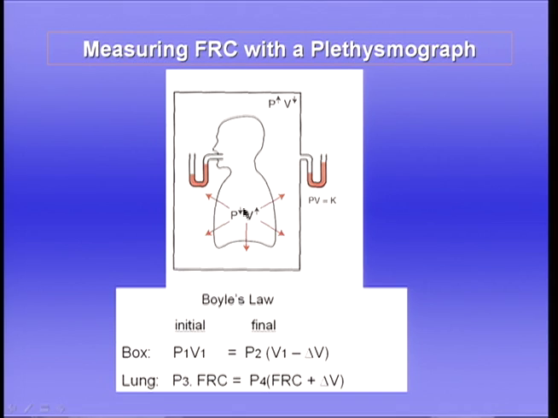The reason is that the plethysmograph measures the total volume of gas in the lung, whereas the helium dilution only measures the volume of gas which communicates with the mouth. Sometimes these are different in a patient with lung disease. Sometimes there are obstructed airways, and therefore the helium dilution gives a smaller volume than the plethysmograph does. So that's sometimes useful information in patients with lung disease.